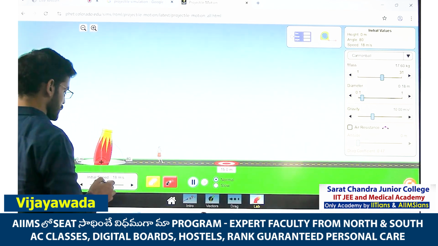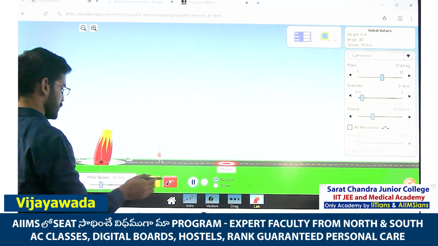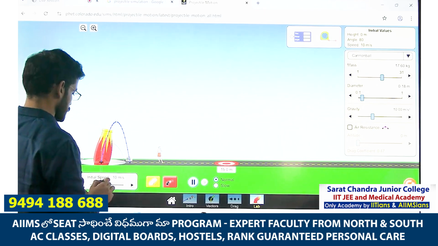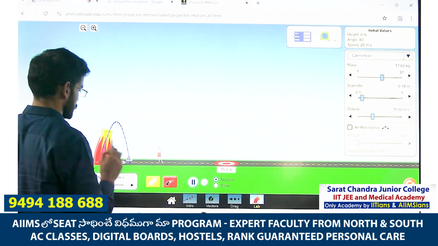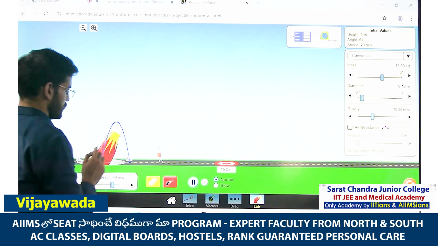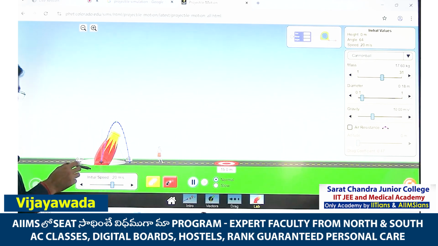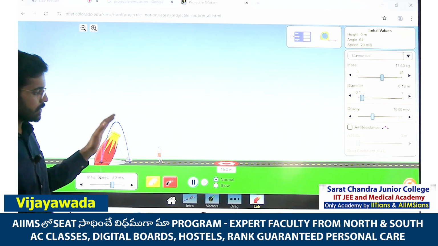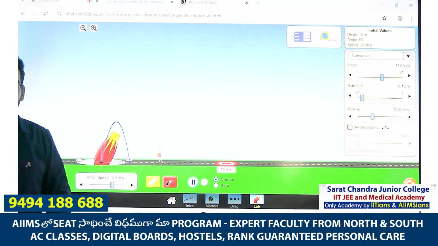Let's take this value 10 only, and this projectile will be very small. We can zoom in, but still, let's take 20. So here I am saying different angles, different projectiles, right? Now what I am saying is velocity, speed constant, let's say, okay? And when you do different angles, the projectile range will be different.